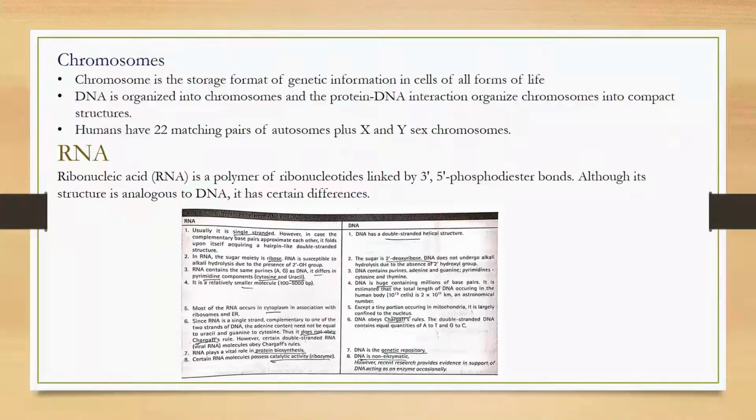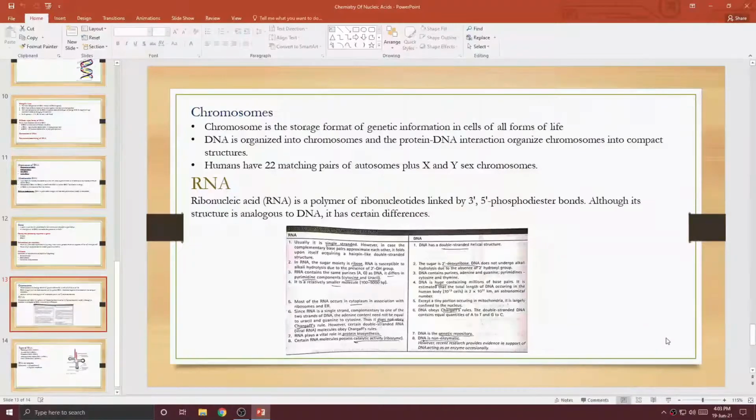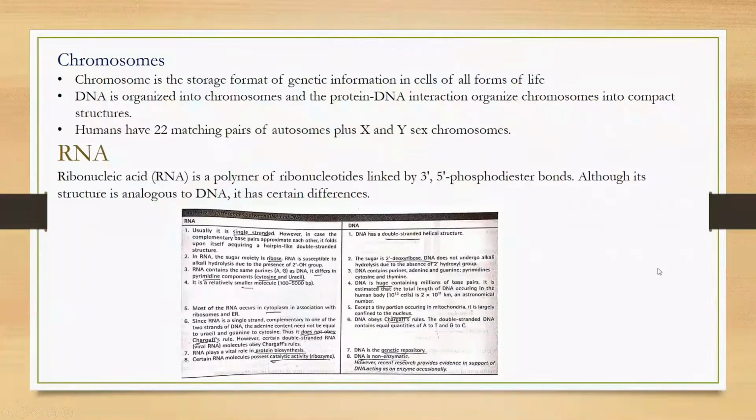We are discussing another nucleic acid called ribonucleic acid, or RNA. Ribonucleic acid is a polymer of ribonucleotides linked by 3' 5' phosphodiester bonds. Although its structure is analogous to DNA, it has certain differences.